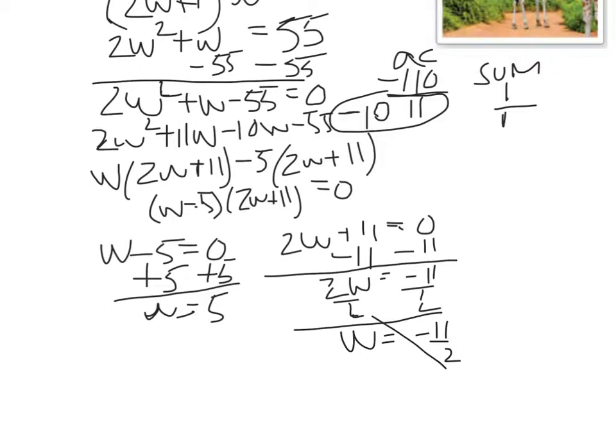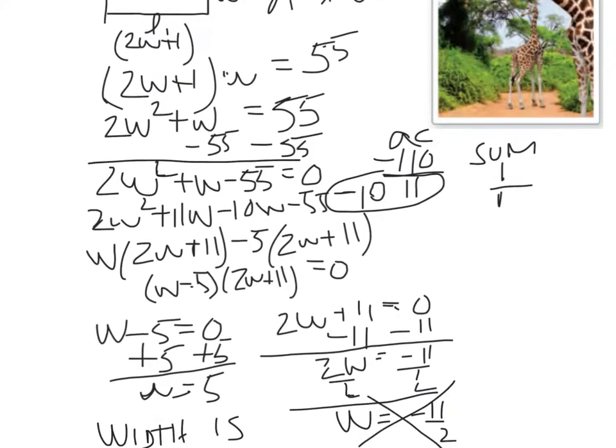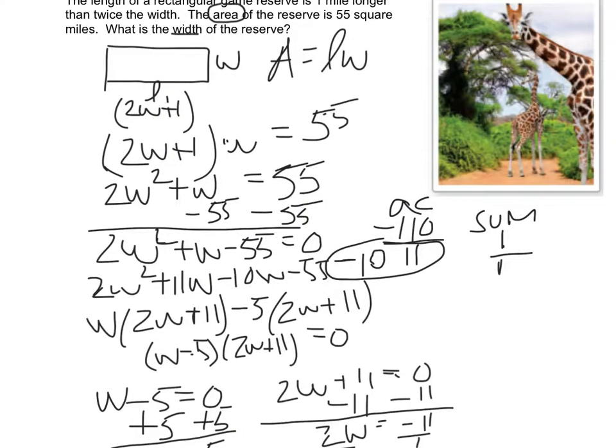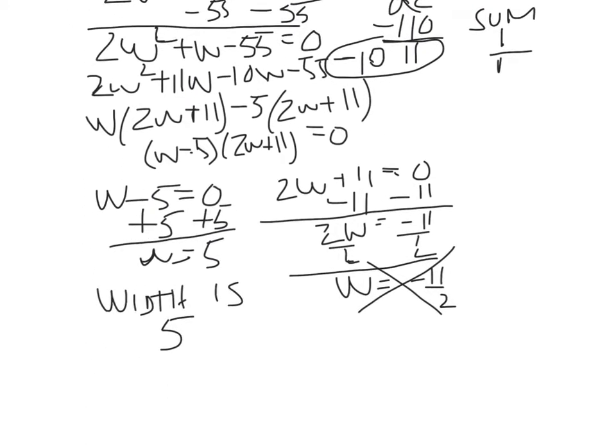No, we can't. That number is going to be thrown away. We will take the first one, so the width is 5, and I have to look back up here to remind myself, 5 square miles, so the width would be 5 miles.